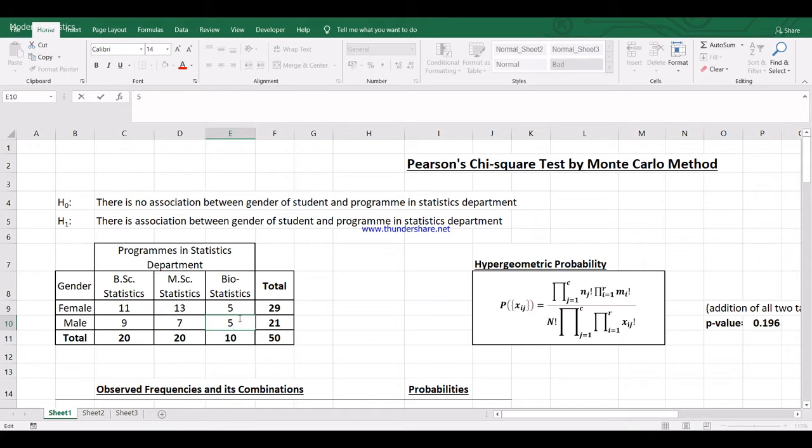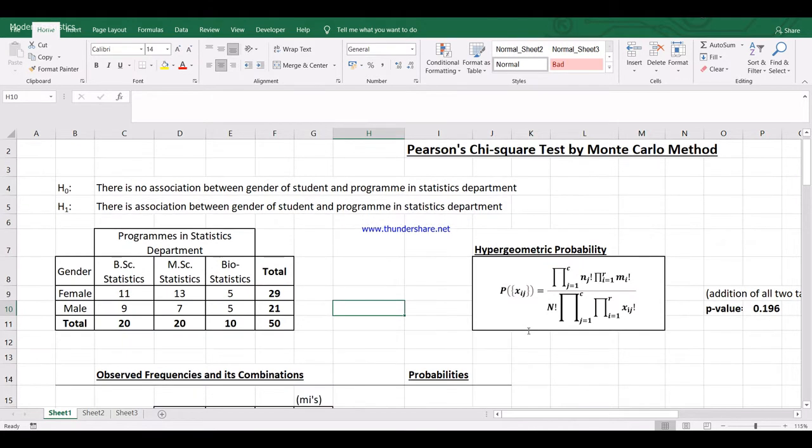Male biostatistics came out to be less than 5, so we have to go for Pearson chi-square test by Monte Carlo method, and we have this formula to calculate the probability, that is the hypergeometric probability.